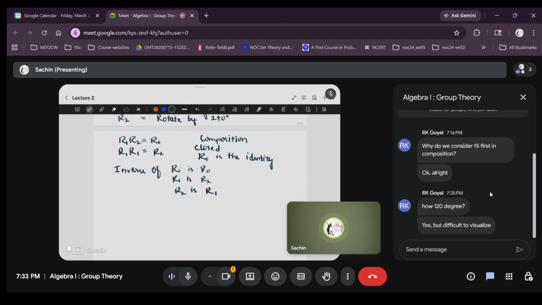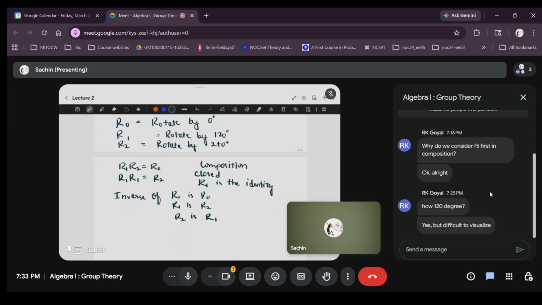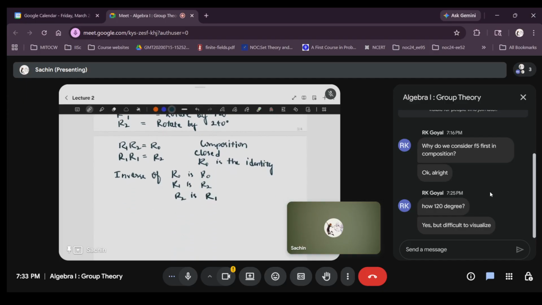And you can also check that it is associative. Since it's just rotation, if you do RA, RB first and then RC, it's the same as RA times RB, RC.